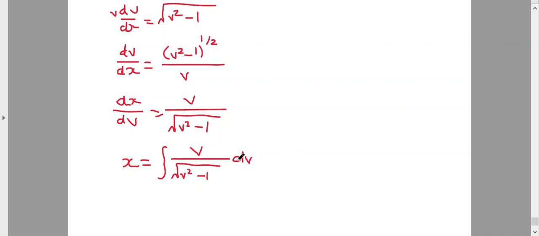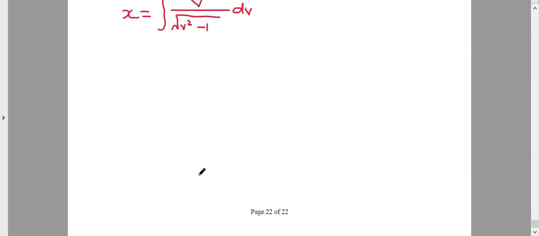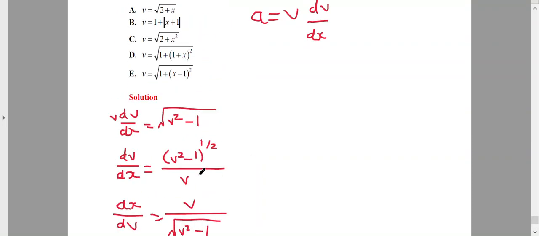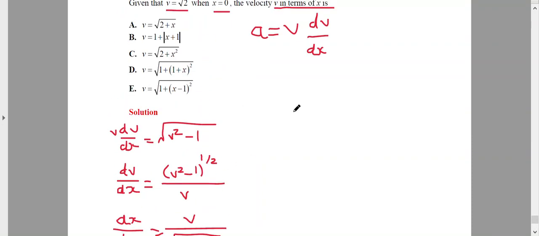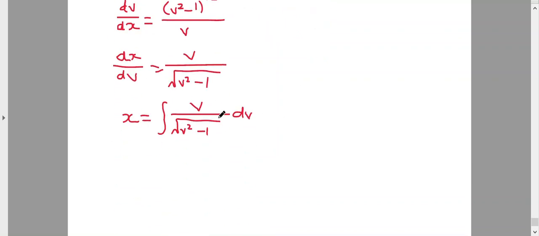Now, unfortunately here, to be able to determine this antiderivative, you would have to use a substitution technique. You would have to let u equal v squared minus 1. Okay, so this will actually be quite a nasty problem if you go down the route of using v dv dx. So it can still be done. You can still find the antiderivative of this.